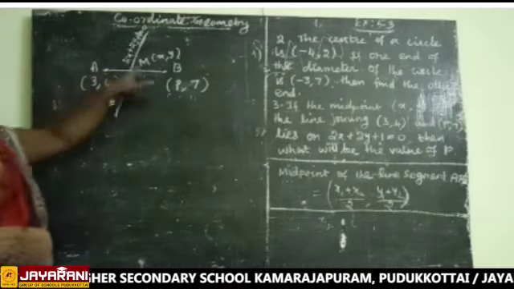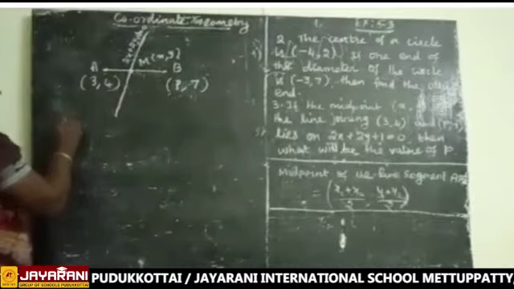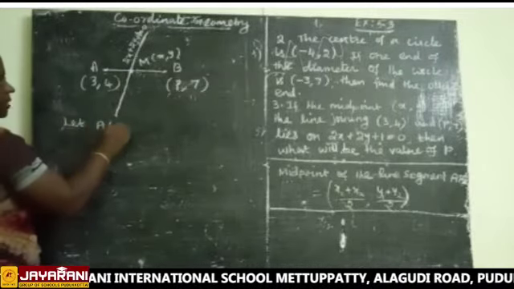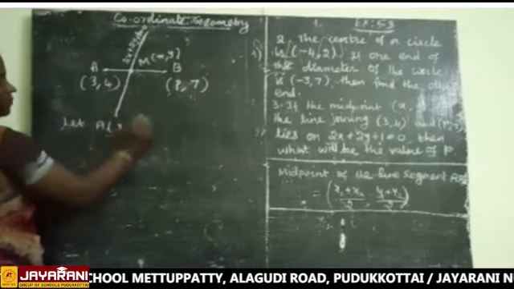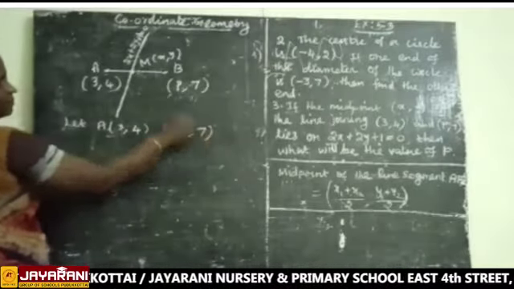First we have to find the midpoint of AB. Let A be (3, 4) and B be (p, 7).